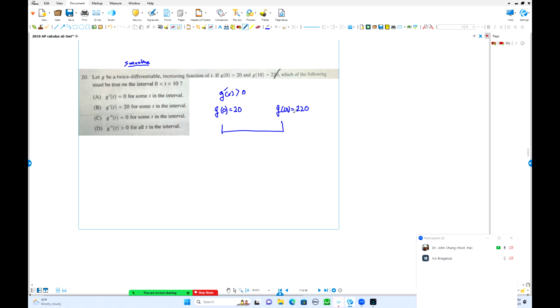Actually this is the mean value theorem, right? The graph is differentiable and we have the slope of this line, the average rate of change. The slope of this secant is called what? AROC. Do you remember this one? Average rate of change.